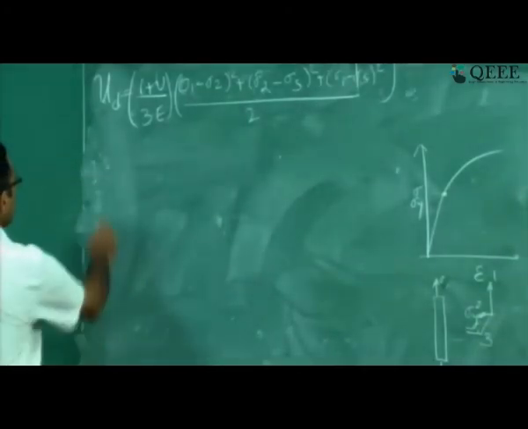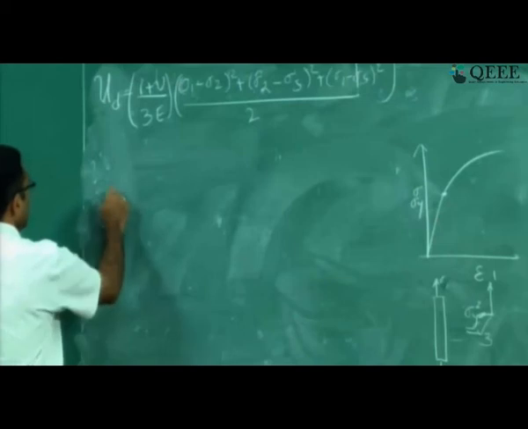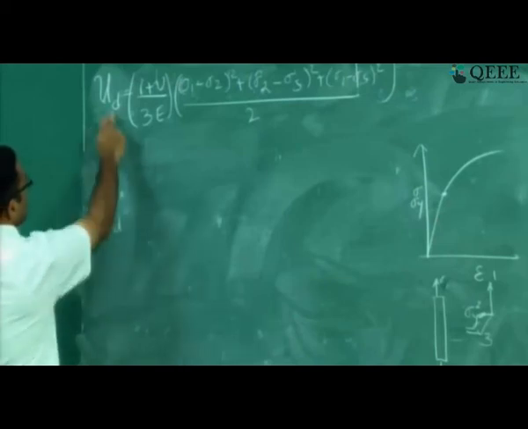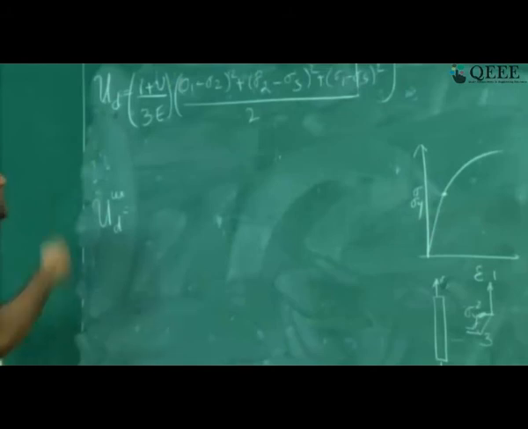So what should be the critical value? To find the critical value, I can find the distortion strain energy density at yield for that material.